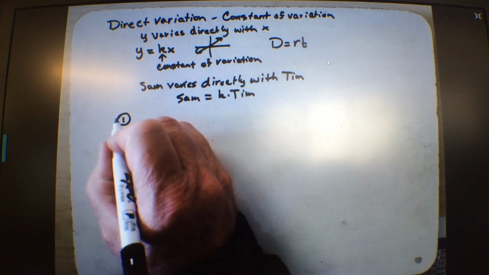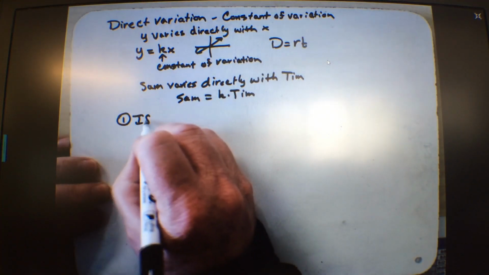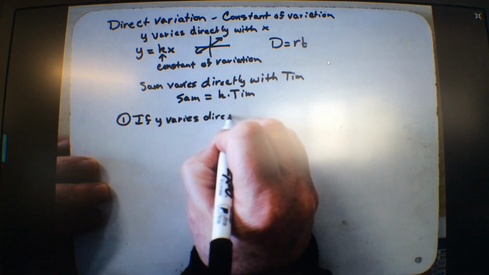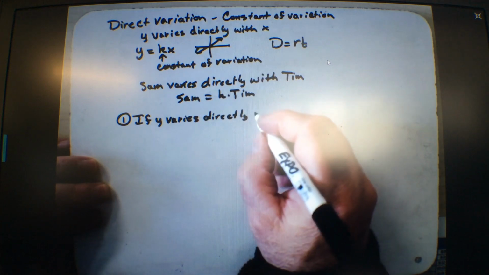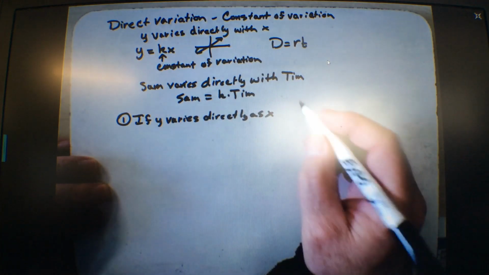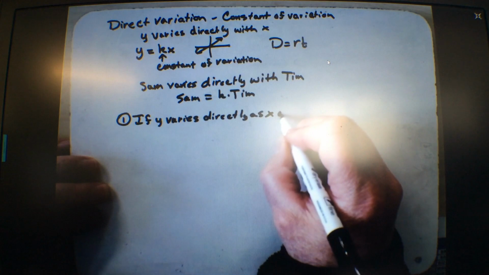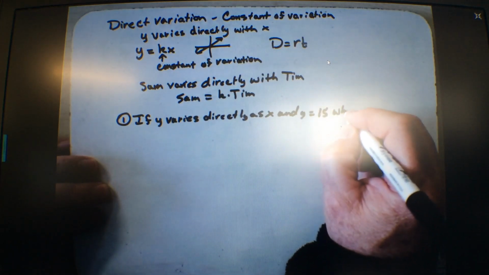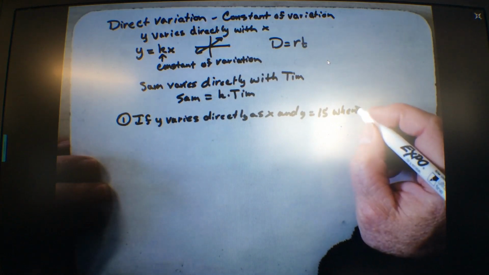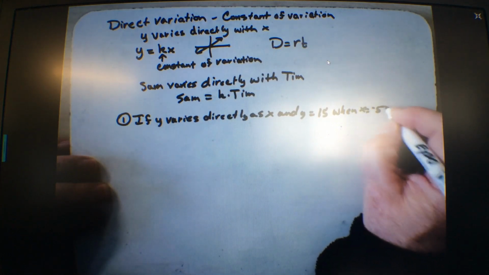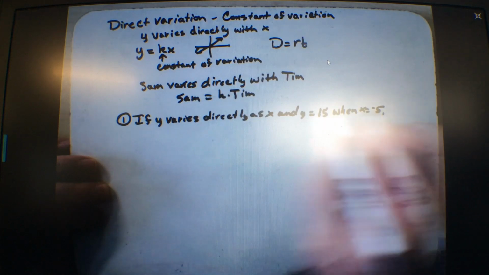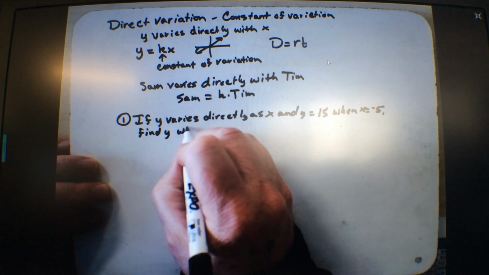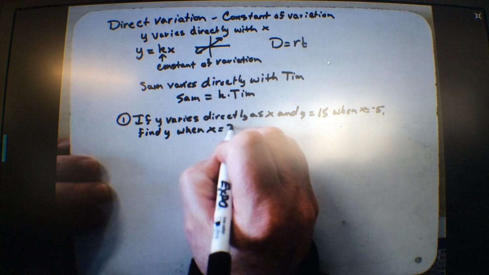All right, number one. It says if y varies directly as x, and y equals 15 when x equals a negative 5, find y when x equals 7.